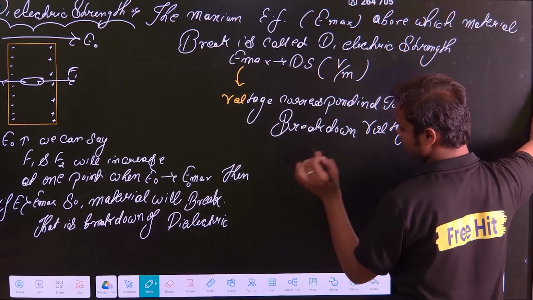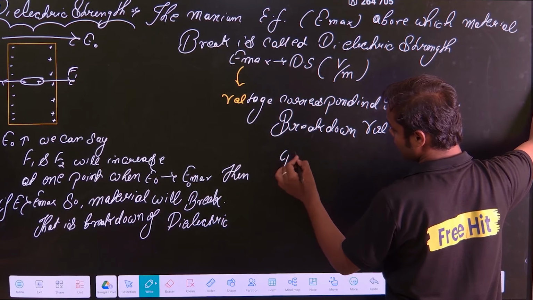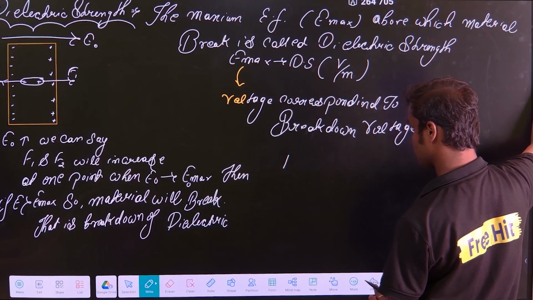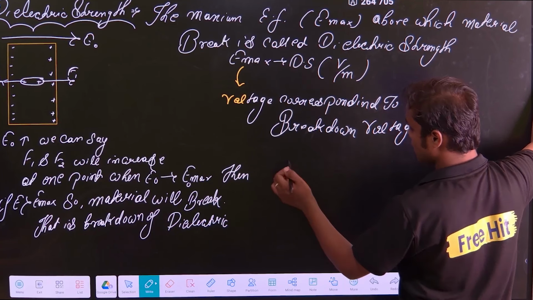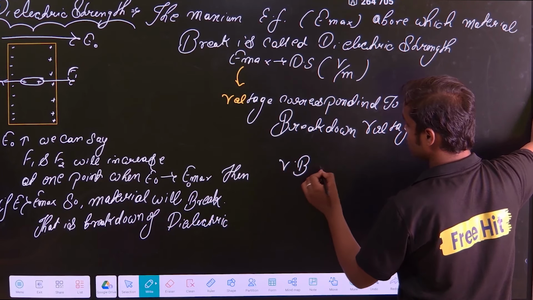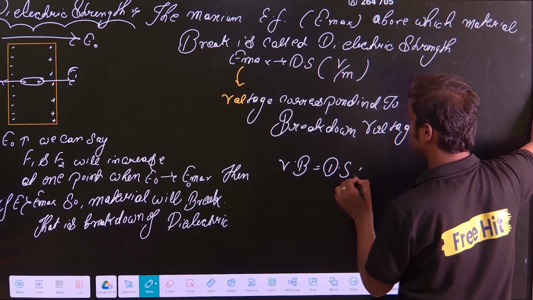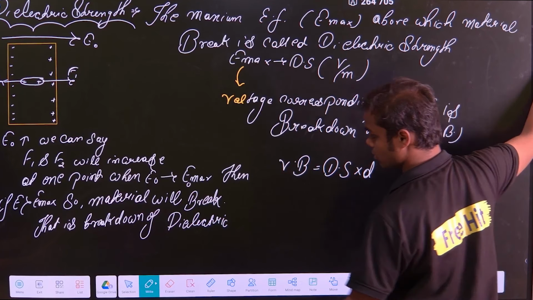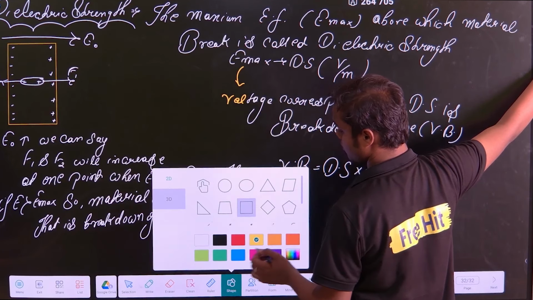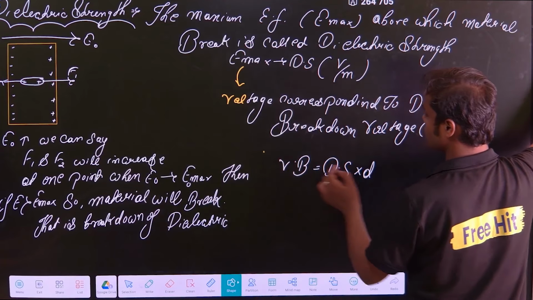So my breakdown voltage is nothing but dielectric strength into D.